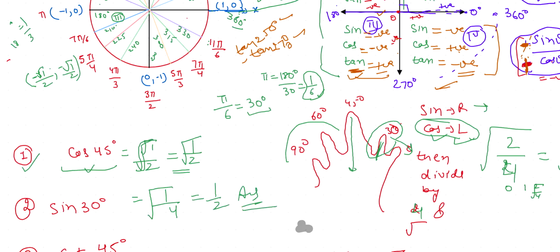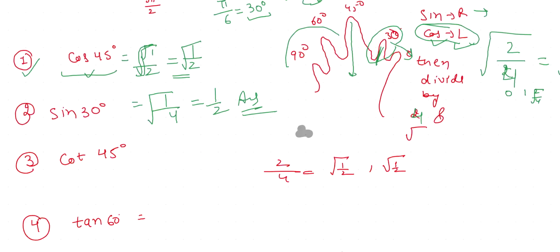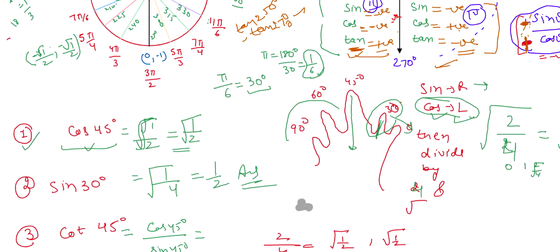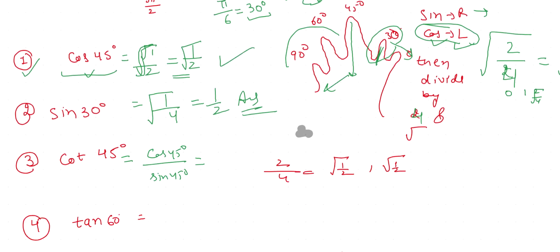And the next is for cot 45 degree. For cot 45 degree, just convert it into cos and sine. That is cos 45 degree upon sine 45 degree. For cos 45 degree, look at the fingers on the left hand side. Again, we have calculated the value for cos 45 degree, that is under root 1 by 2.